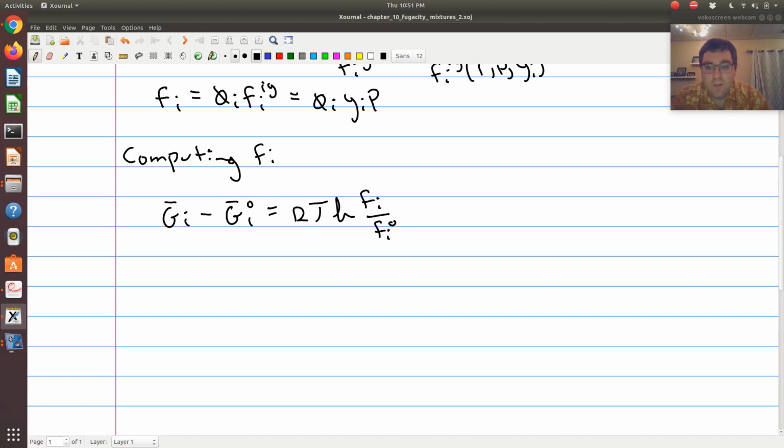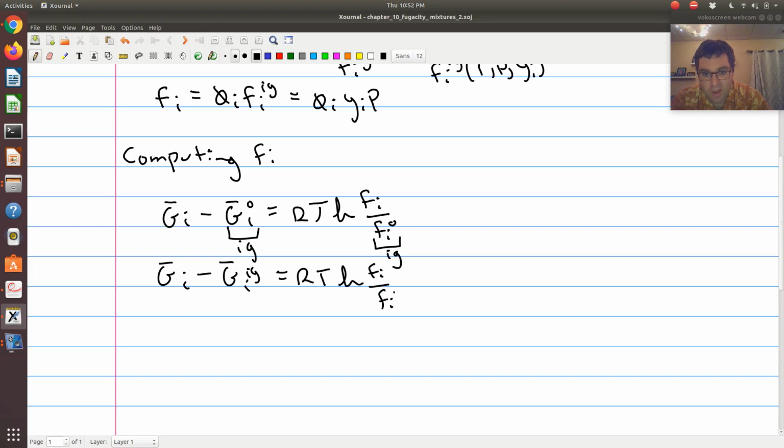The most common approach would be to take our standard or reference state to be an ideal gas at the same conditions. So this becomes G bar i minus G bar i ideal gas, at the same T, P, and yi, equal to RT log fi over fi ideal gas.